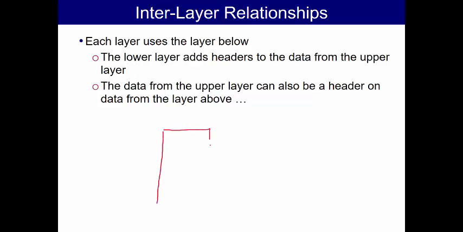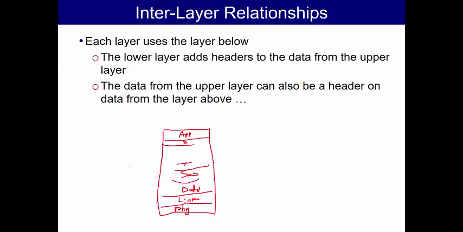In networking, the OSI architecture has 7 layers. The upper layer is called the application layer, and at the bottom we have the physical layer, and one above we have the data link layer, and then network, session, transport, whatever, presentation. So those are the layers.